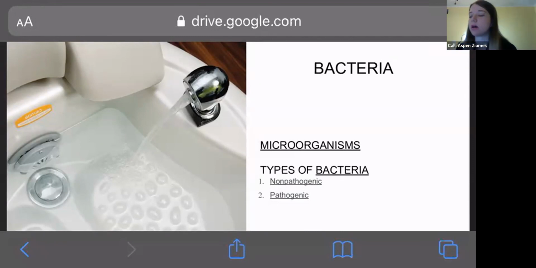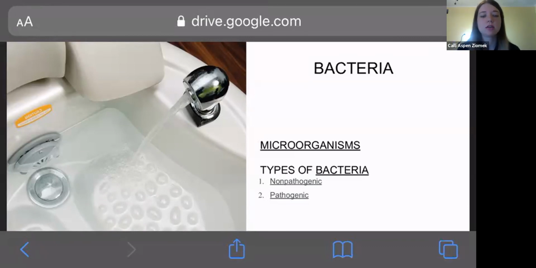They protect you from other diseases. They build up your immune system. They're very, very useful. Pathogenic ones are the ones that you're always concerned about because they're the ones that are actually going to get you sick.